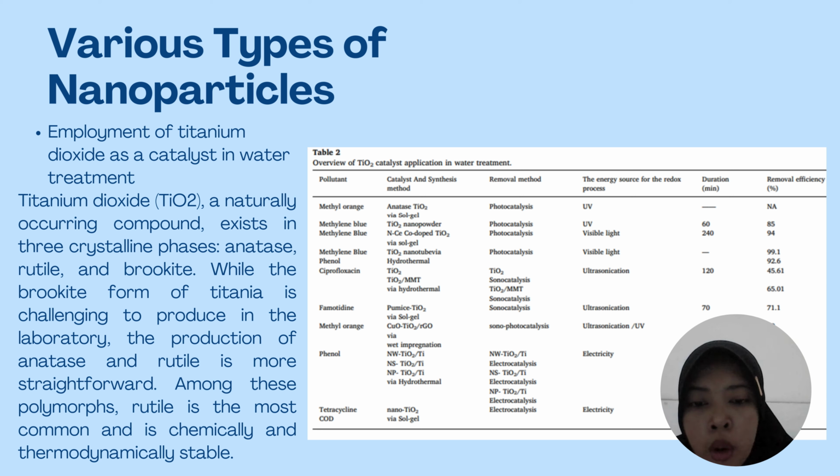While the brookite form of titanium is challenging to produce in the laboratory, the production of anatase and rutile is more straightforward. Among these polymorphs, rutile is the most common and is chemically and thermodynamically stable.